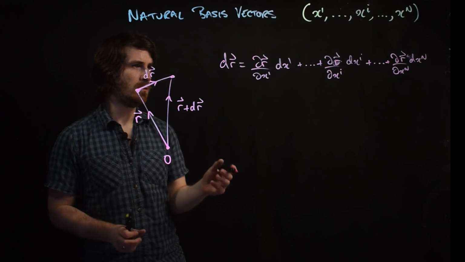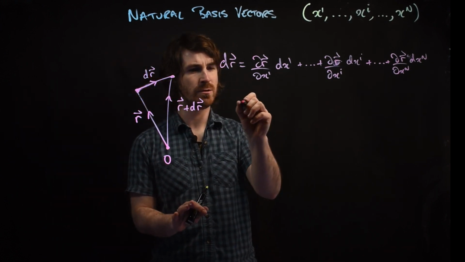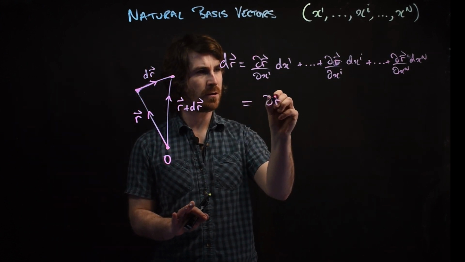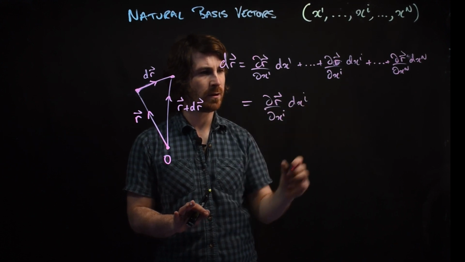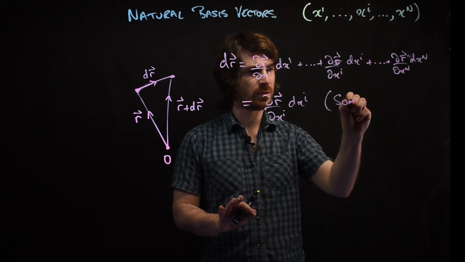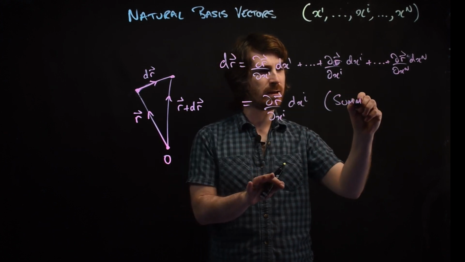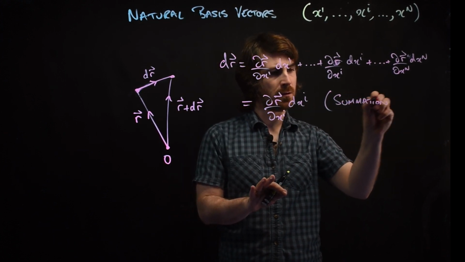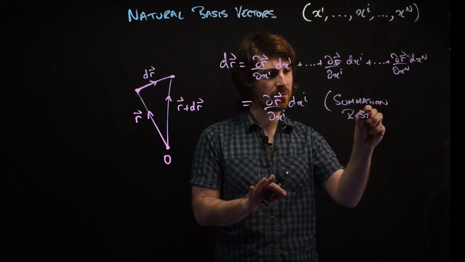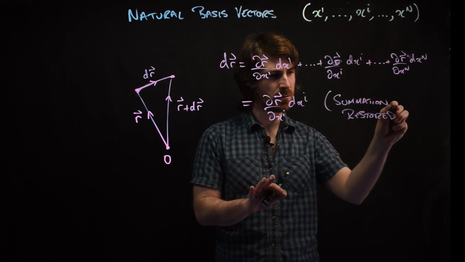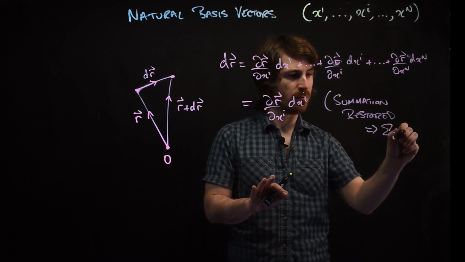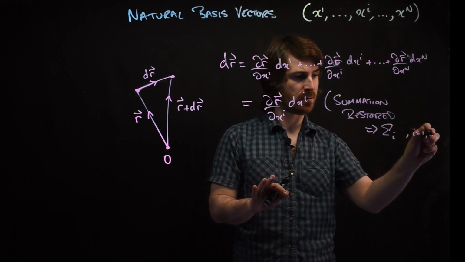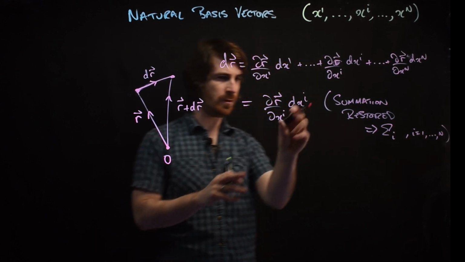Okay, so here we now have the summation restored. We can just write dr by dxi dxi. Because we have a repeated index, this means that there is a summation over all the i's, a sum over i from i equals 1 to n. This is our Einstein summation notation.